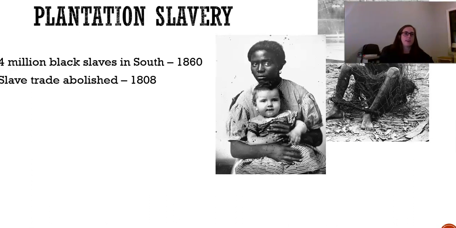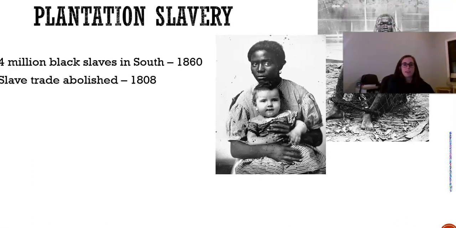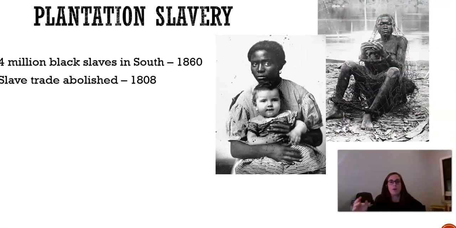In the United States, the international slave trade was abolished in 1808. The international slave trade. Now, that does not mean that internal slavery was abandoned, because that's not true. But that means getting slaves from other countries, from Africa, brought over. 1808. I would tell you that is a date to know.